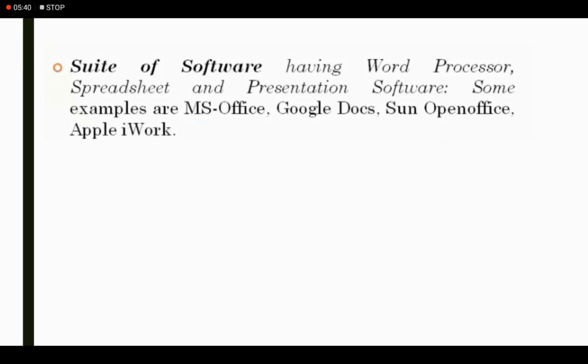Next one is a suite of software, having word processor, spreadsheet and presentation software. Some examples are MS Office, Google Docs, Sun OpenOffice, Apple iWork. What is the meaning of suite software? Suite software is basically a set of software. As we know, MS Office is a software package.